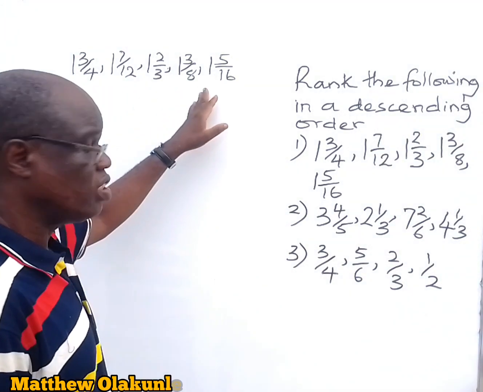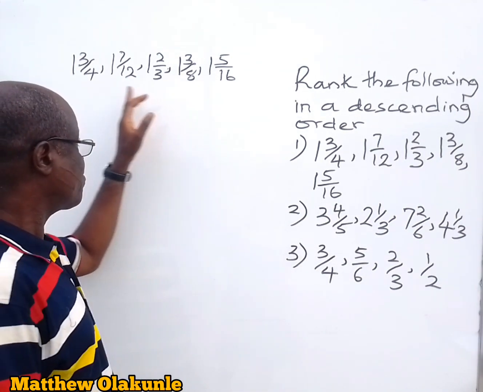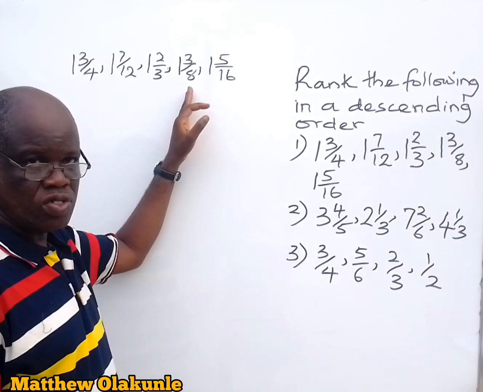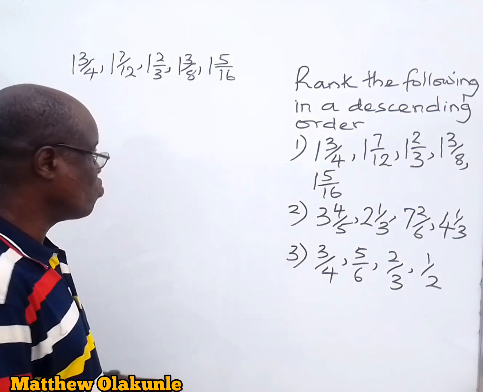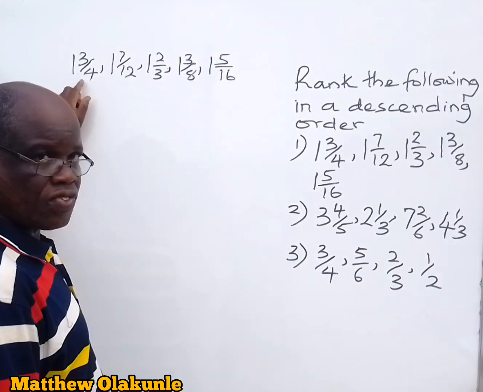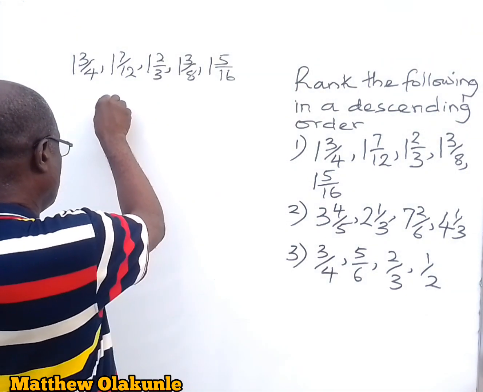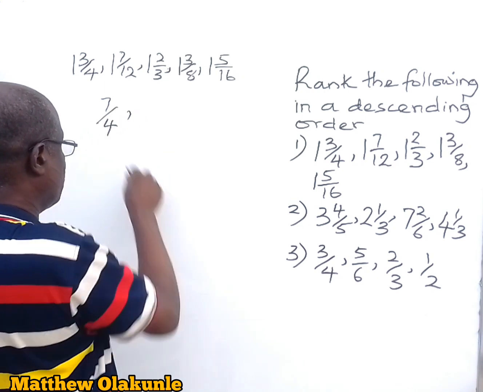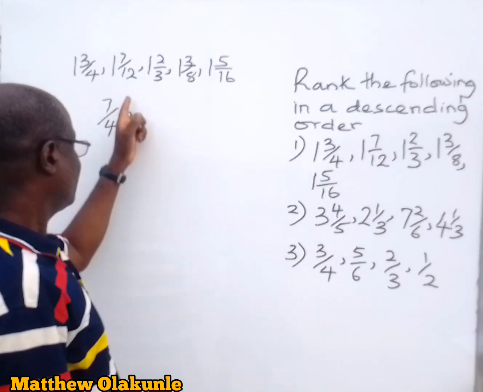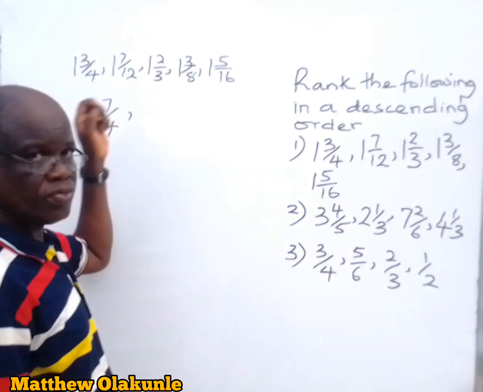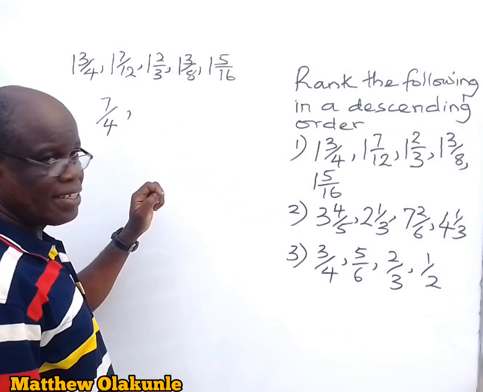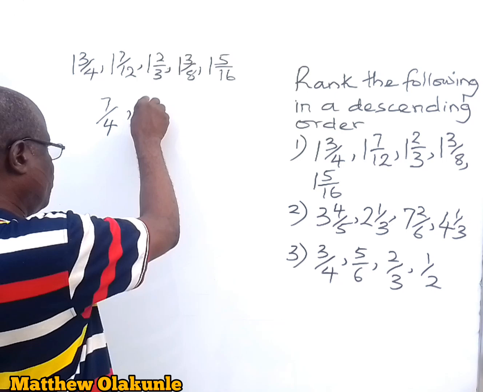What are we going to do in this case? These are mixed fractions, so you turn them to improper fractions, which is very easy to do. So you have 1 times 4, 4 plus 3, 7 over 4. The second one here is 1 times 12, 12 plus 7, 19 over 12.